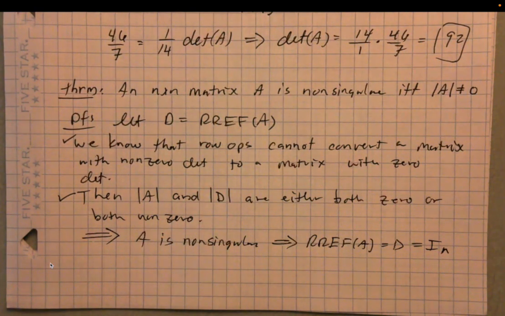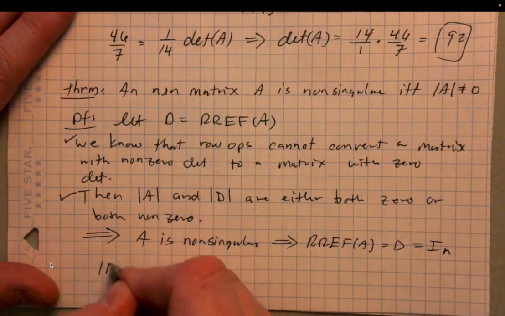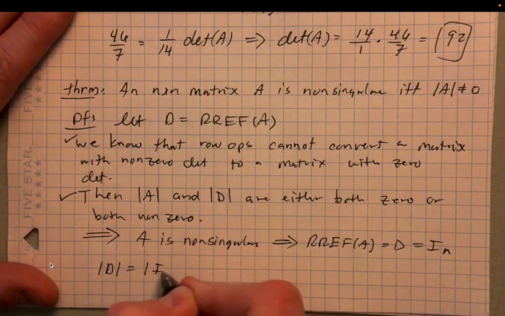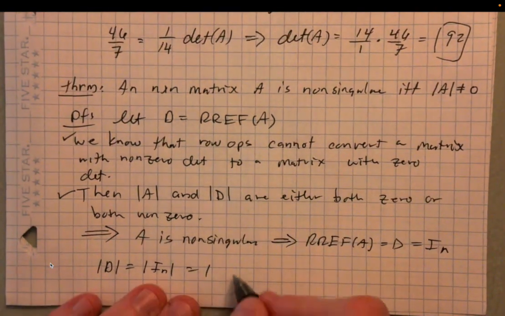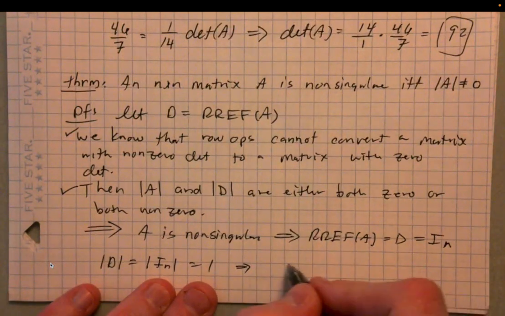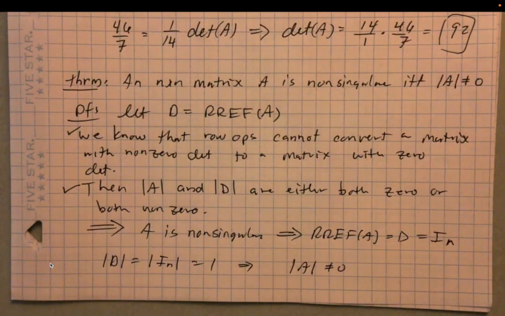Now, obviously, the identity matrix is an upper triangular matrix with all 1s on the diagonal, and so clearly the determinant of D, which is the same as the determinant of the n by n identity matrix, is equal to 1. And so obviously the determinant of A is non-zero, since the determinant of D is non-zero. Okay, so that's one direction.